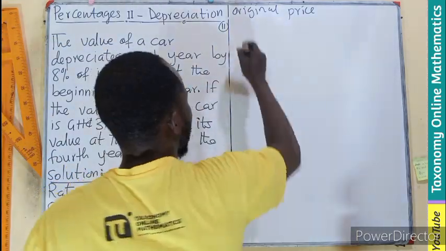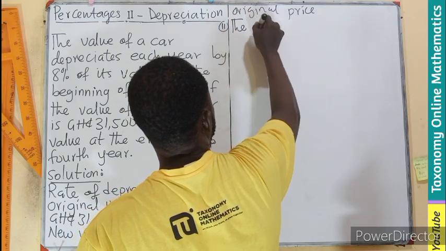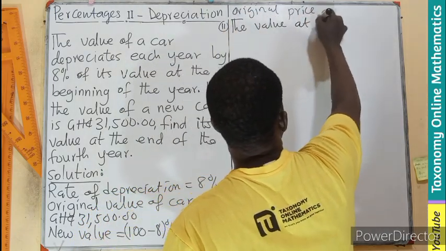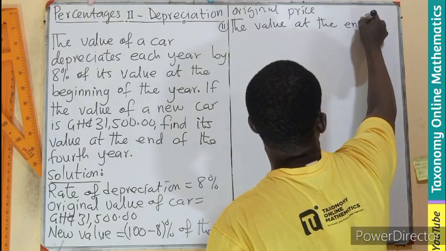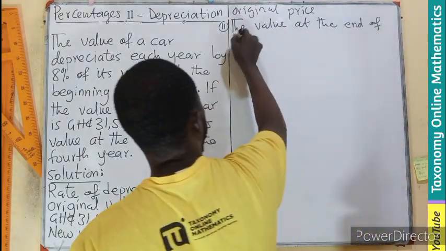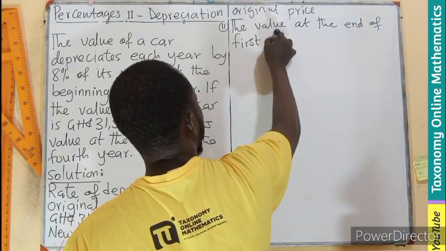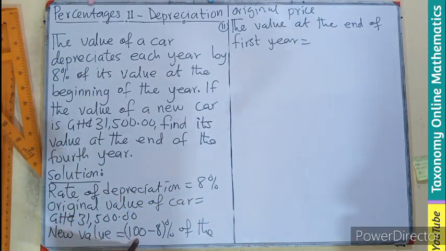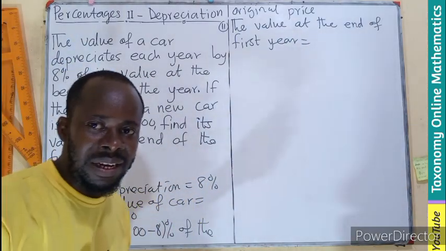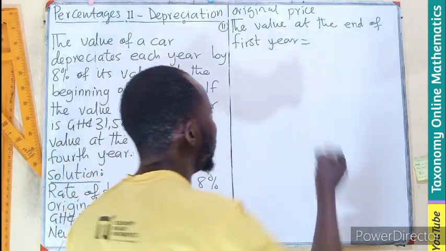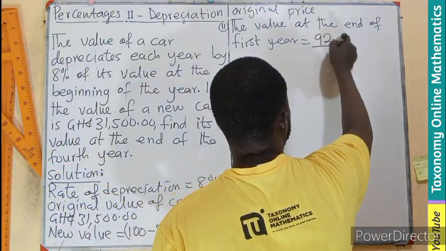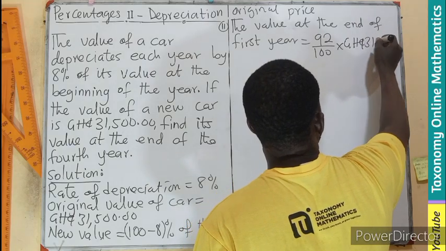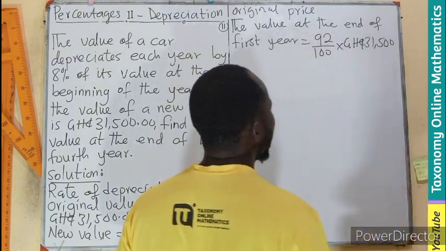So let's see the value, let me just say at the end of the first year, right? That is going to be 92% of the price of the car now. Meaning 92%, meaning out of 100, times 31,500.